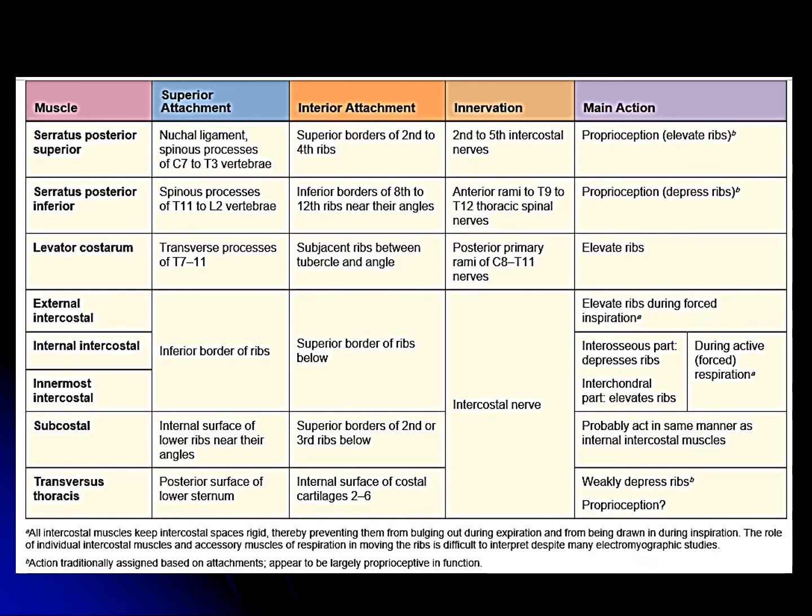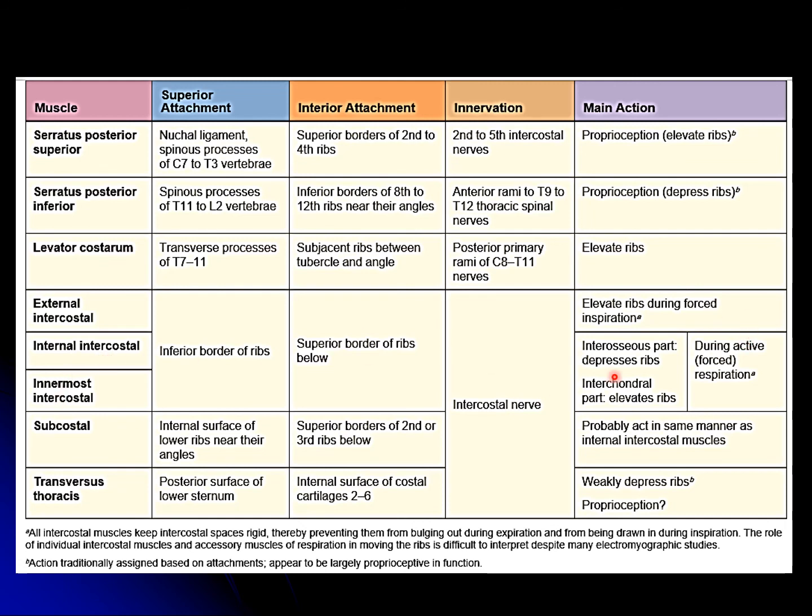This is just a chart to memorize again what we talked about in the previous lecture. The serratus posterior superior is the elevator of the rib. Serratus posterior inferior is the depressor of the rib. Levator costorum are elevators of the rib, but they have very minute actions. External intercostals are the main inspiratory muscles.